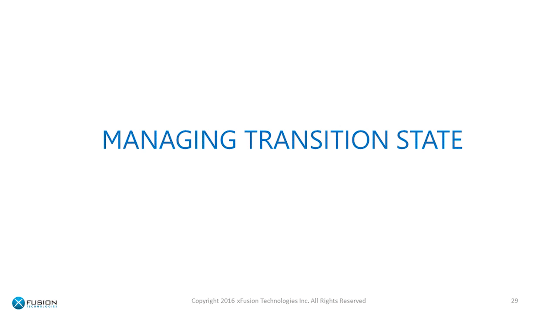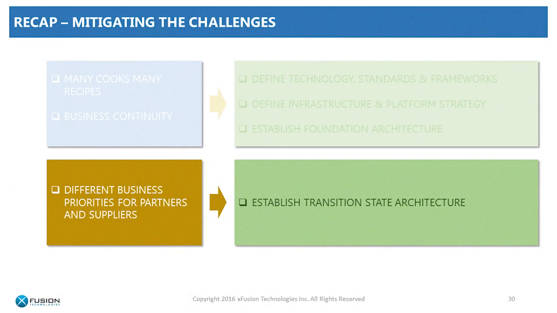You need to establish a plan with your platform and your integration architecture as you are modernizing your components. That's the second challenge we talked about: establishing the transition state architecture.